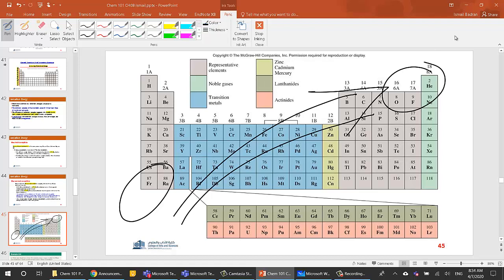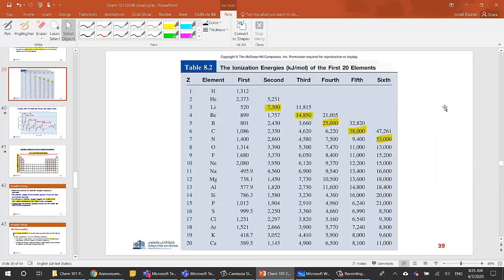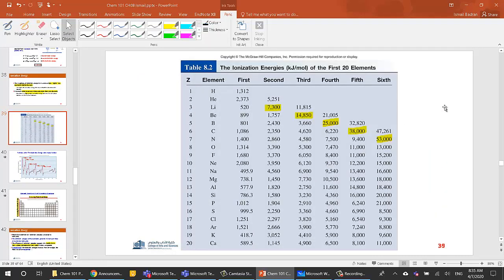To take an electron from an element like neon is really difficult, because neon is so small. The electrons are tightly attached to the nucleus, and it's really difficult to remove them. Actually, I think fluorine has the highest ionization energy. Right. Now we have some irregularities in the ionization energy.